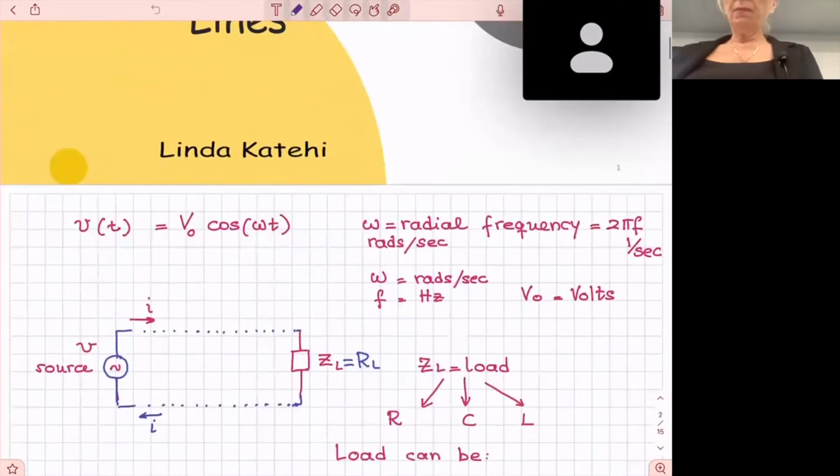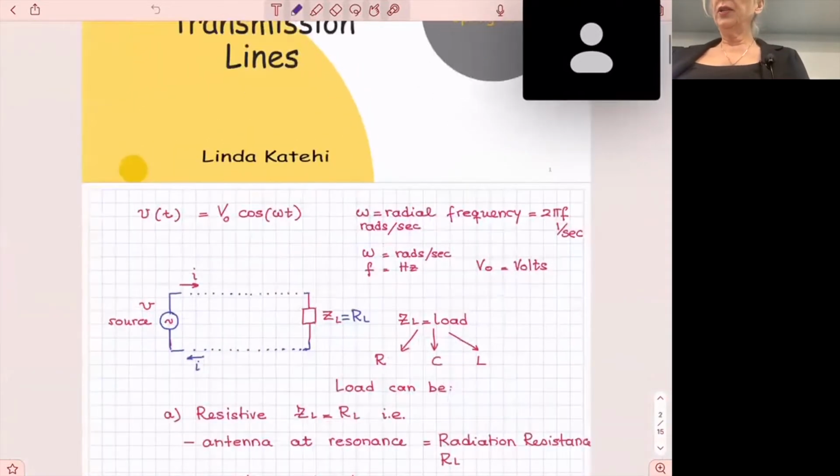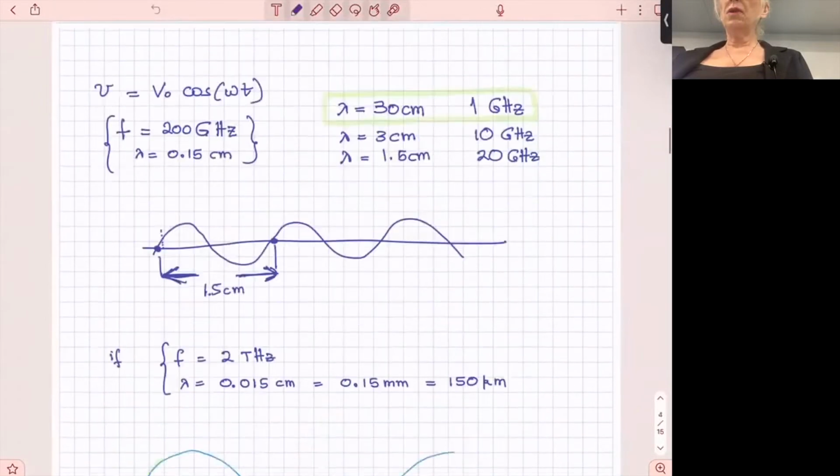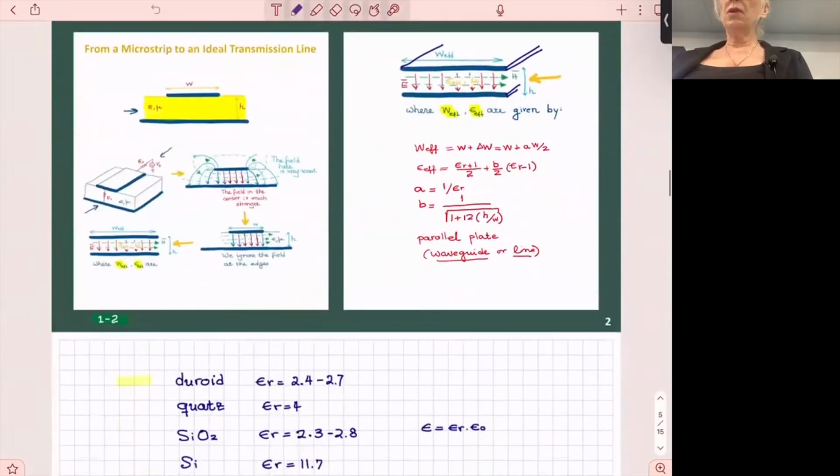Okay, so to continue with our lecture today, just to remind you, last time we were able to go from what we call a microstrip, which is a type of integrated line. At least in the beginning of microelectronics, it was used extensively.